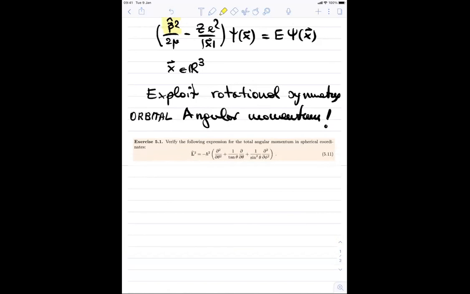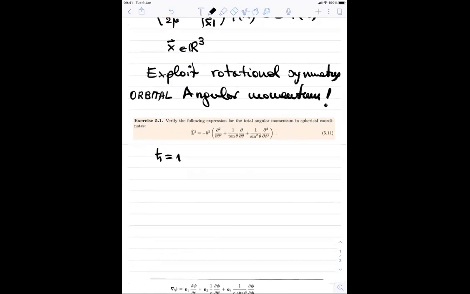You see the expression is minus h bar squared with derivatives with respect to theta and phi. By the way, from now on, to simplify a little bit my notation, I will put h bar to 1. This is not something I usually do, but I think it's better.